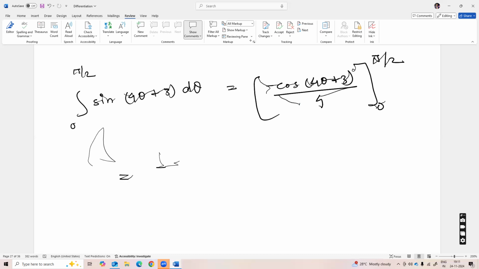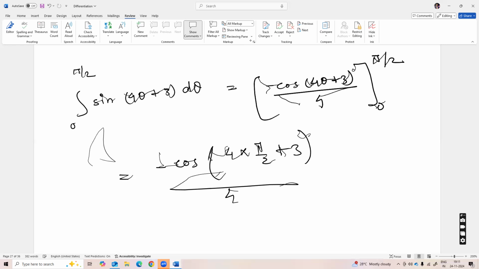So minus cos of 4 into pi by 2 plus 3, divided by 4, minus, sorry, cos of 4 into 0 plus 3 divided by 4.